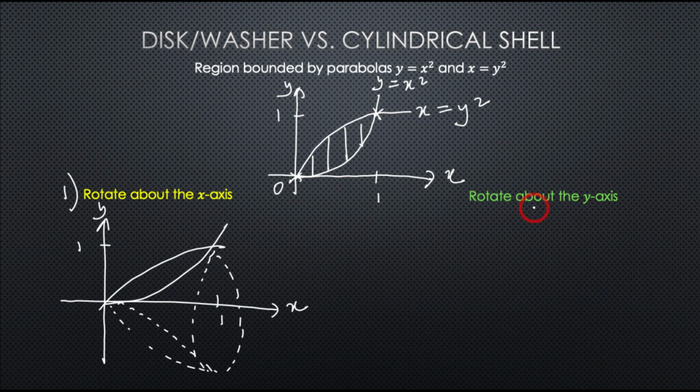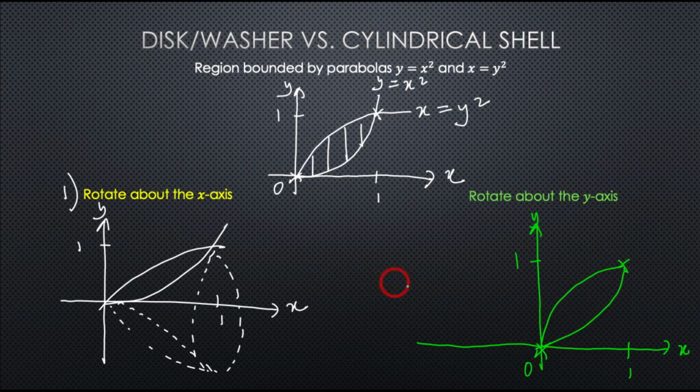Rotate about the y-axis, like this. This one is your y-axis. This is your x-axis. You have (1, 1), (0, 1). So one graph is like this, another graph is like this. So when you rotate about the y-axis, you rotate like this.